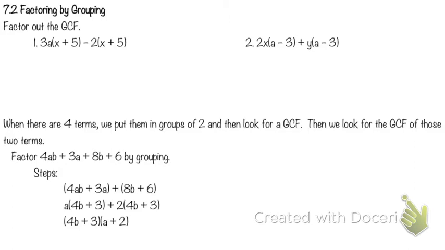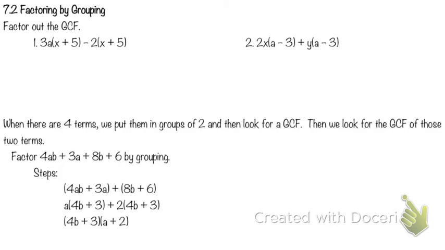So if we see a problem like this in number 1, what we're going to say here is this first part, this 3a and the x plus 5, what are those doing? Multiplying. Now, before, when we were factoring things out, we factored out things that would multiply up to that number, right?